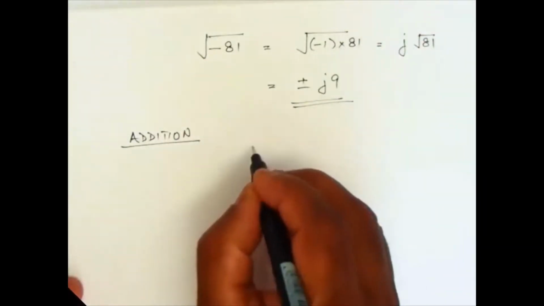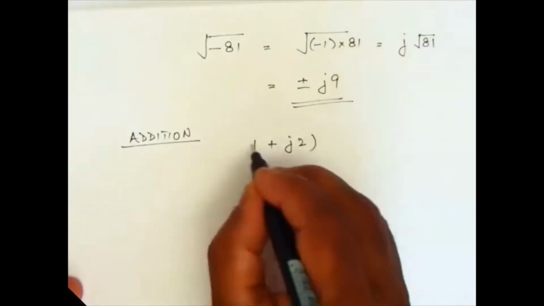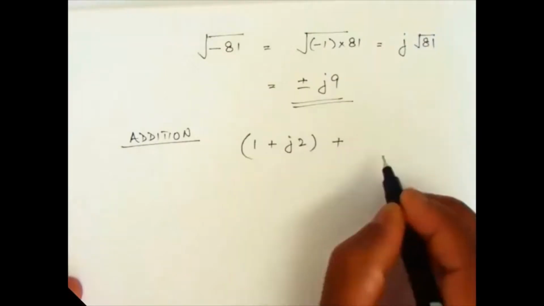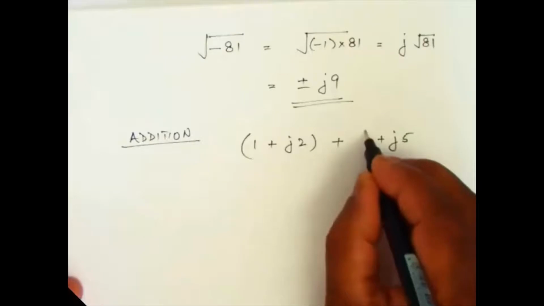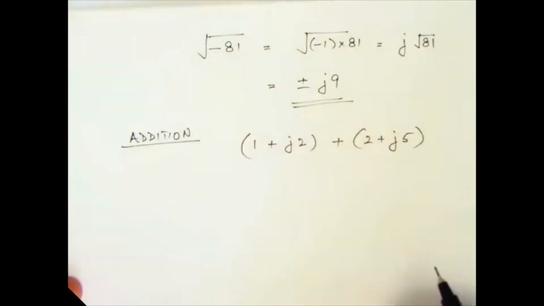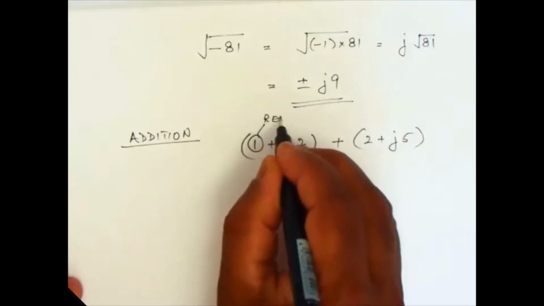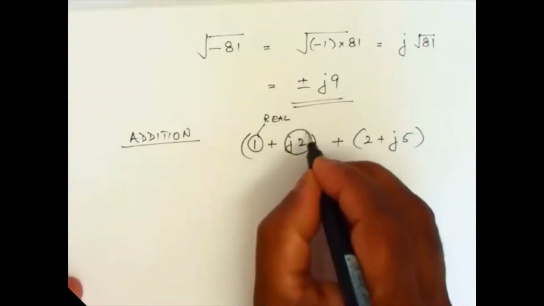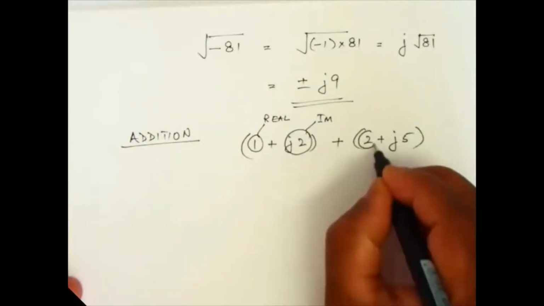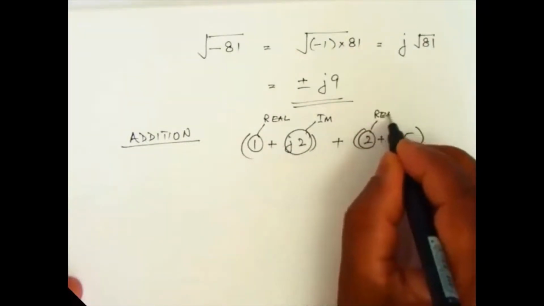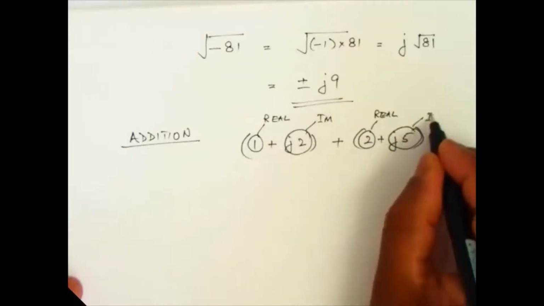Say 1 plus j2, that's a complex number, and we want to add 2 plus j5, another complex number. That's the real part there, and that's the imaginary part. And that's the real part here, the second one, and that's the imaginary part.